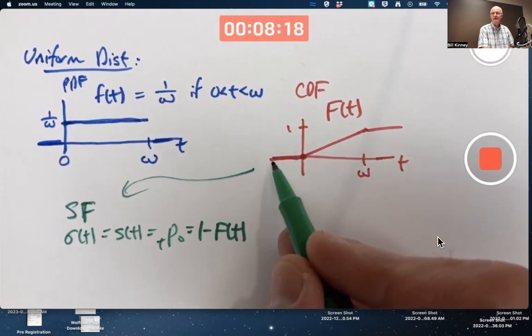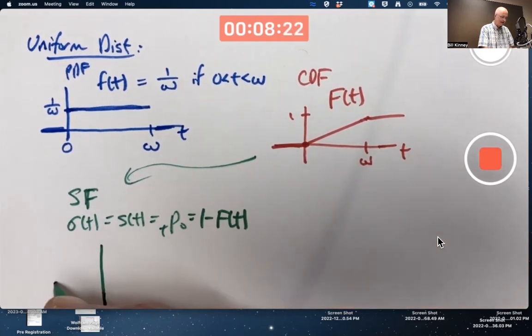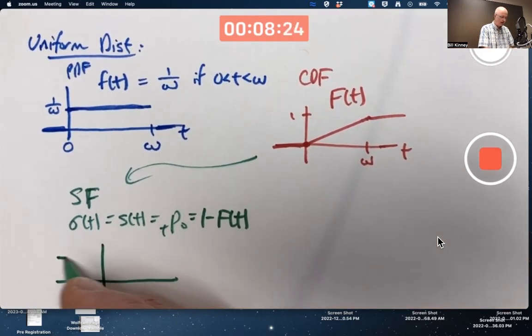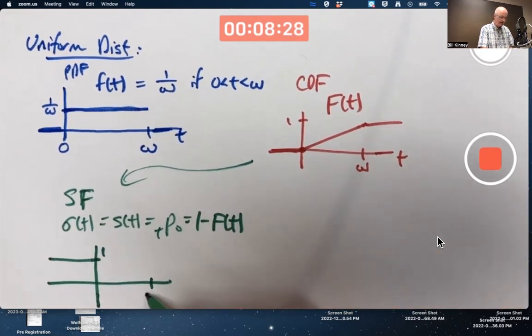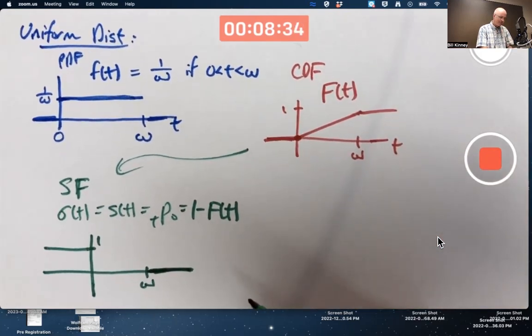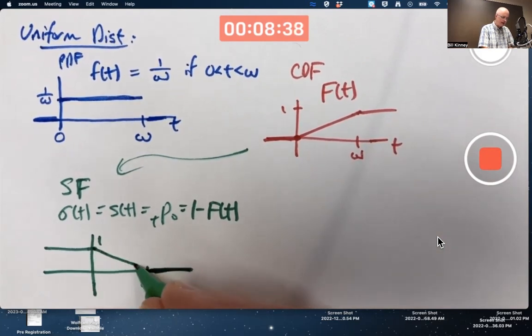When t is negative, I'm doing 1 minus 0, which is 1. So the value is up at 1. When t is bigger than omega, I'm doing 1 minus 1, which is 0. And when t is between 0 and omega, it's a linear decreasing function.